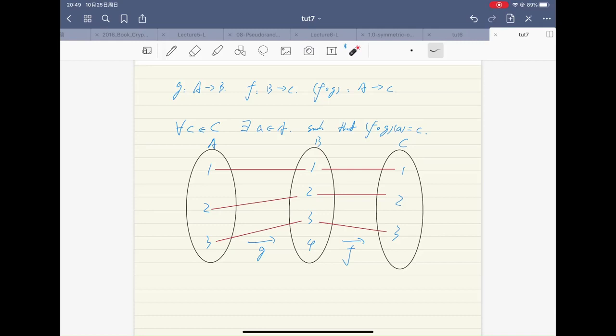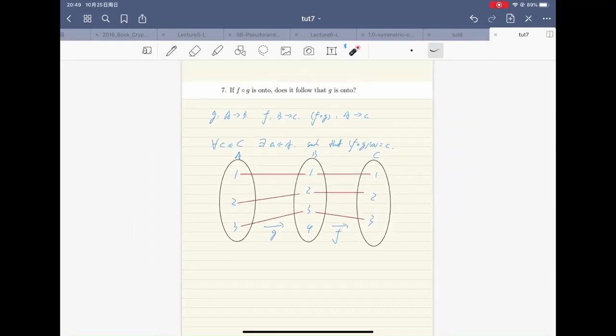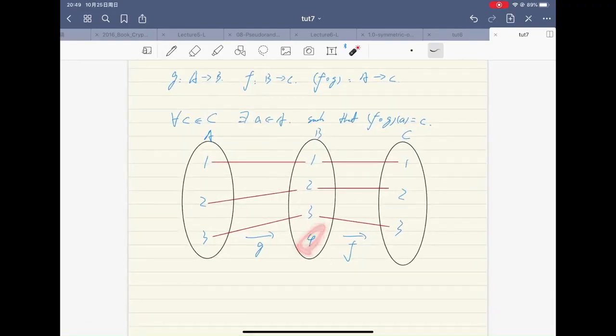So the function g is not an onto function because we have a value here that has no associated value in the domain that maps to it.